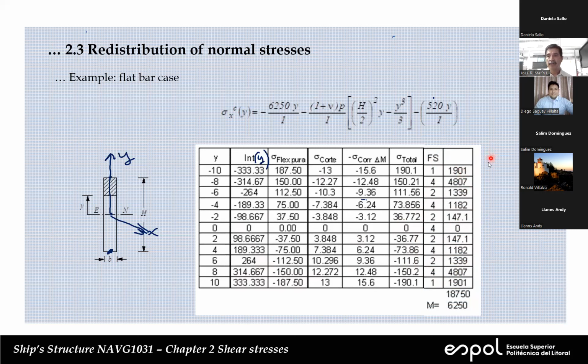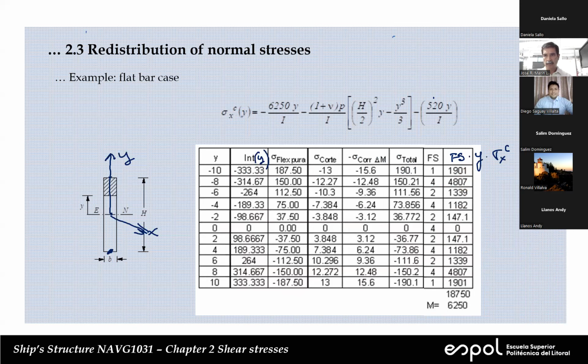So this thing here is Simpson factor times y times sigma corrected. So which is this one here. One is minus 10. I'm sorry, it's minus 10 but this negative also.